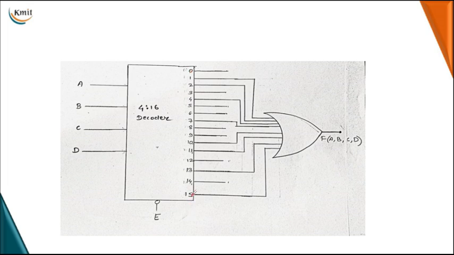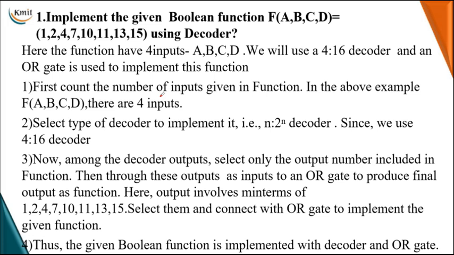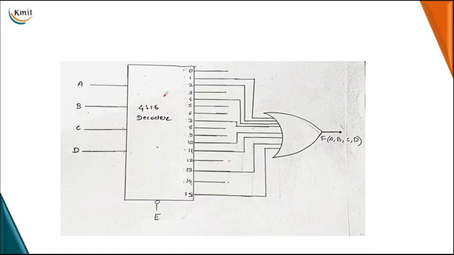As our function is sigma m of 1, 2, 4, 7, 10, 11, 13, 15, each output of the decoder generates one of the minterms whose functional value is 1.